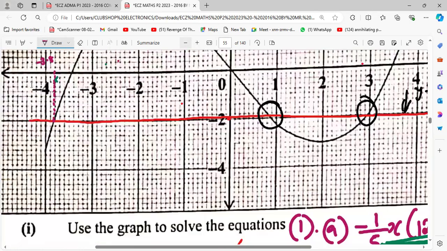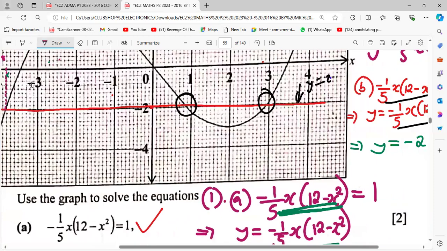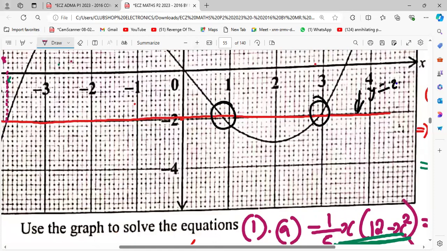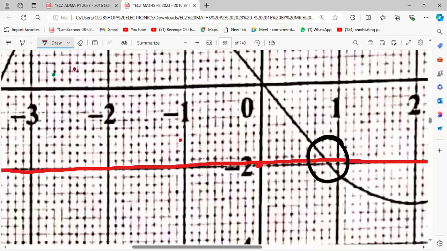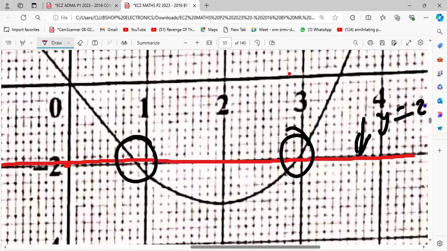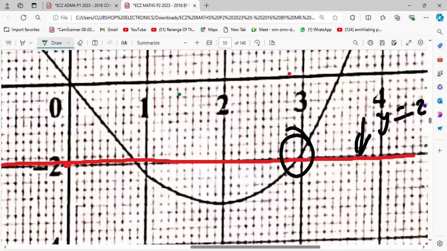So we look for another point of intersection, which is this one. Let me zoom so that you are able to see. I think my line was supposed to be somewhere here, so it is at this point. What's the value of x at this point?